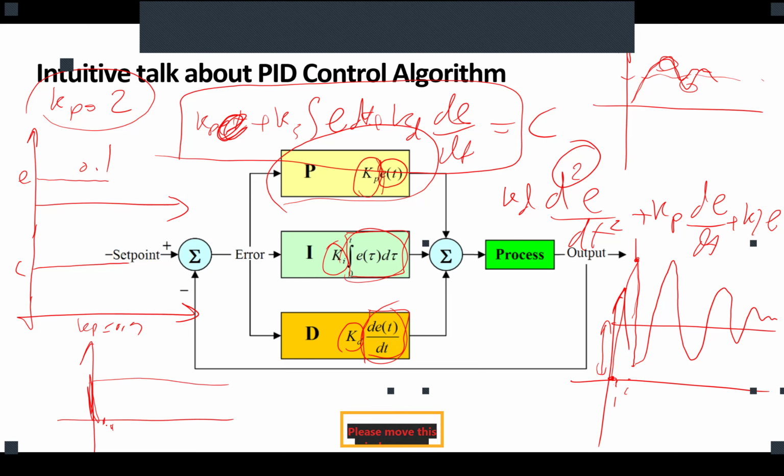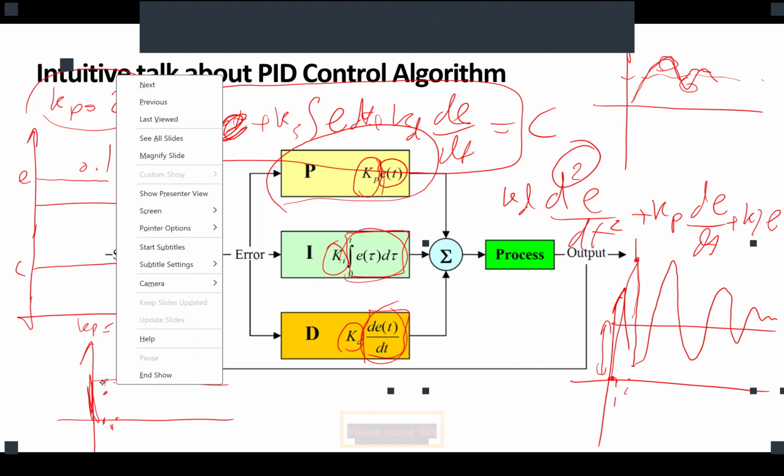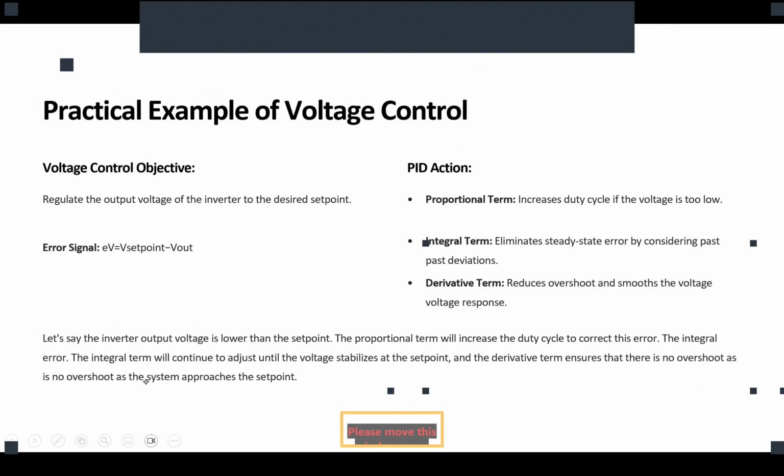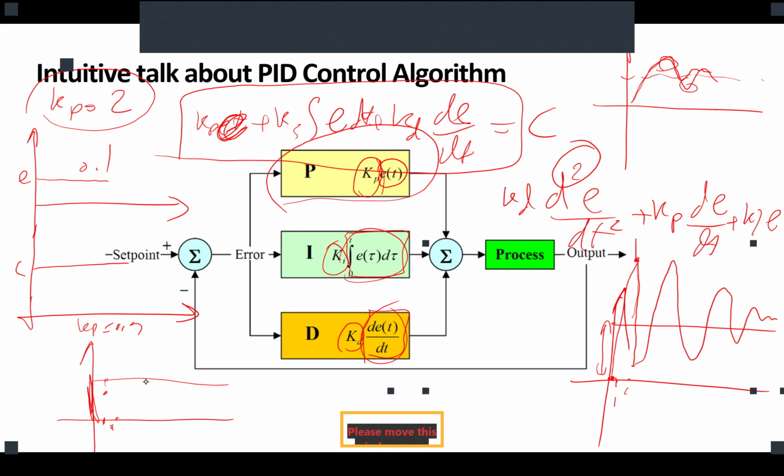Half of this error, correct? So it gets here. Now, at time 2, my error is this one. What is going to happen? It goes here, and then it goes here and here. So can you see how it affects the output?